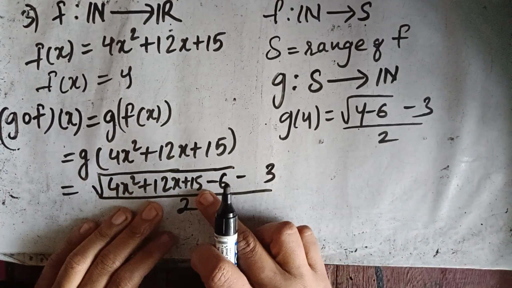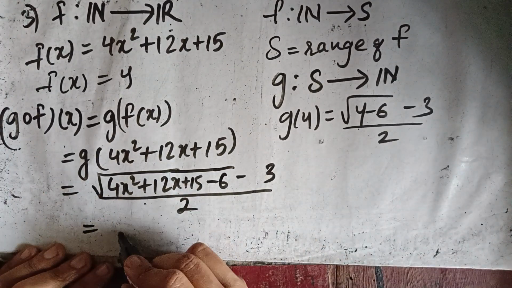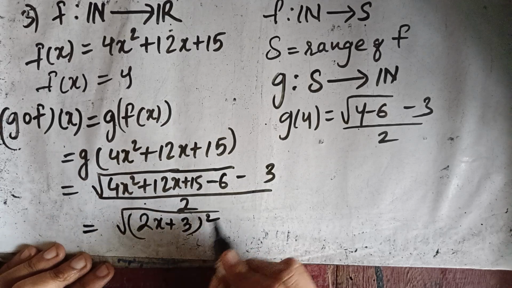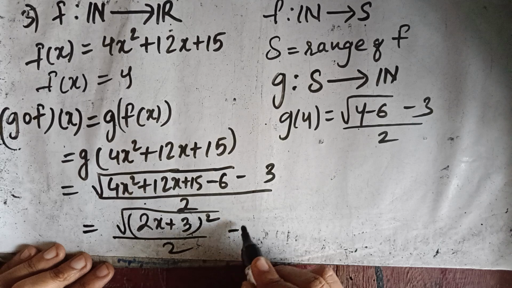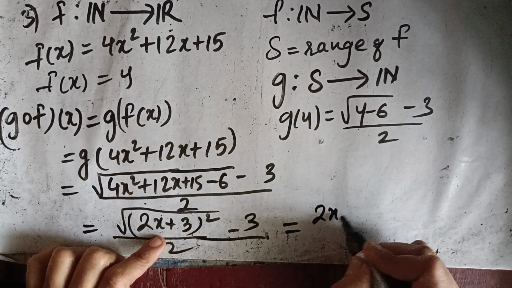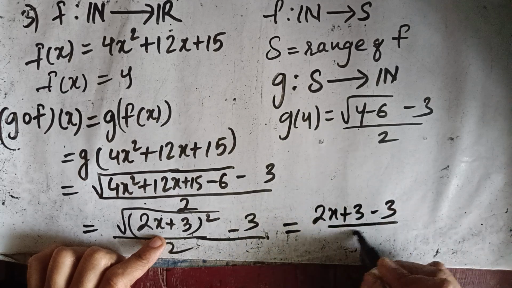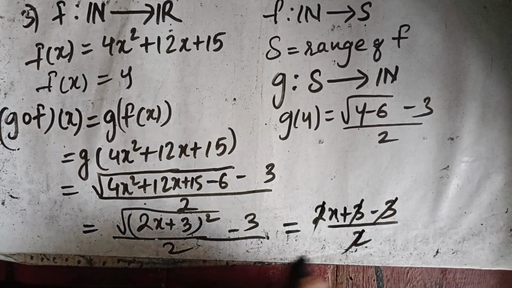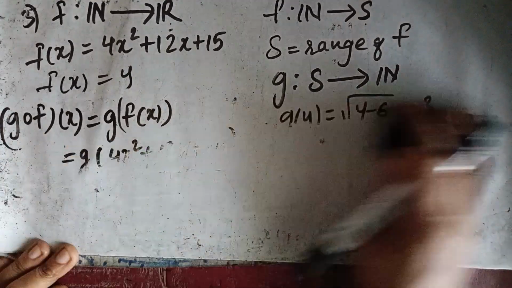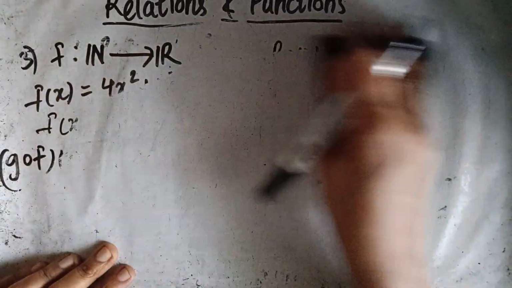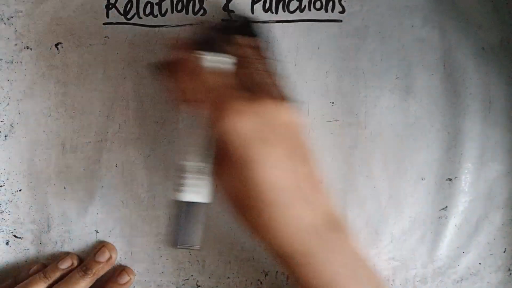We can make use of that. This becomes your 2x plus 3 the whole square, so 2x plus 3 minus 3 upon 2. So you are getting x. So this is equal to x, and the other one also you will get as y. So that is an invertible function.